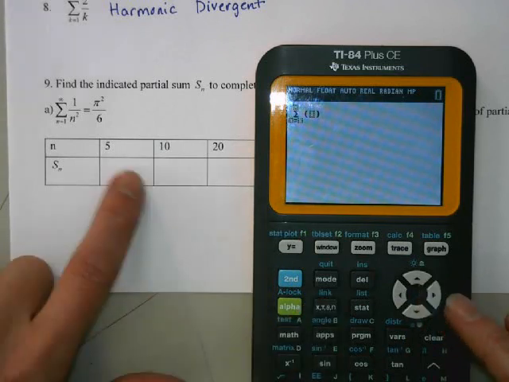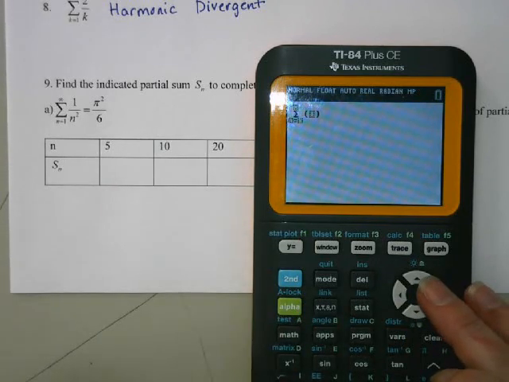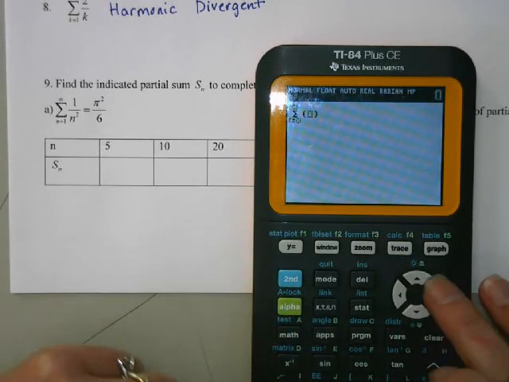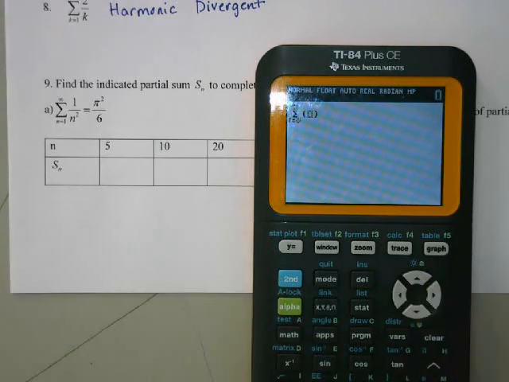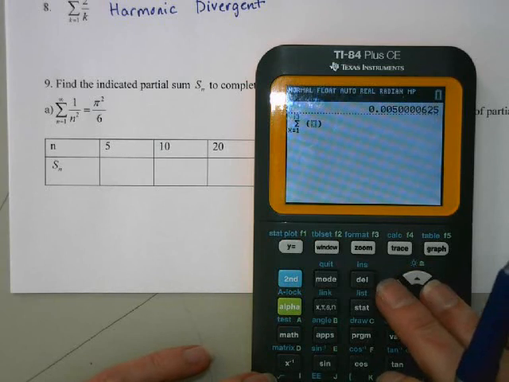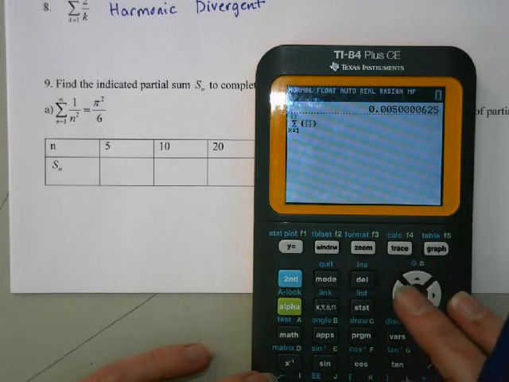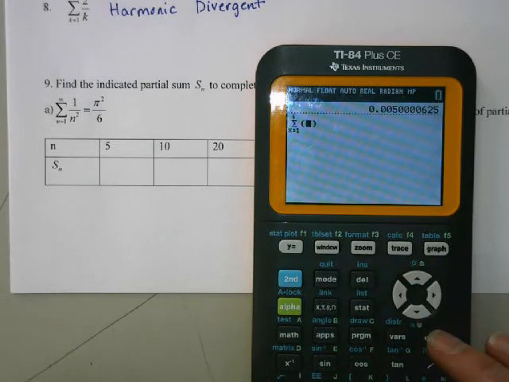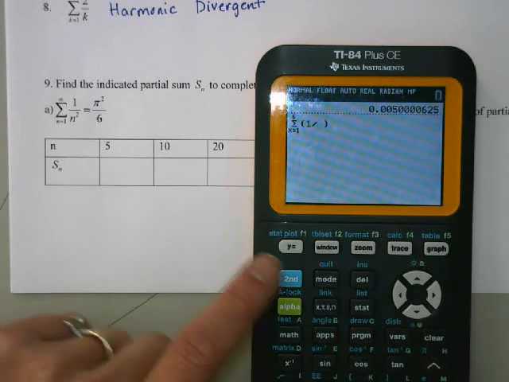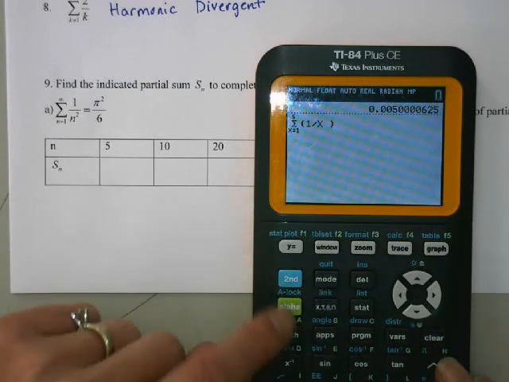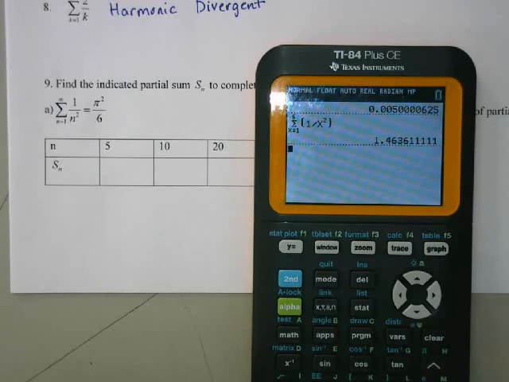So I'm just going to say we're doing 5. So x equals, we'll do 5 of 1 over x squared. And that's going to give me my values.